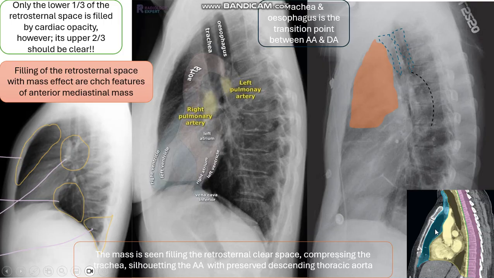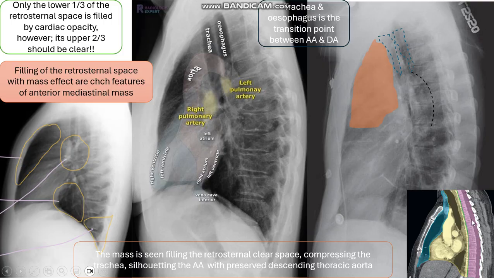This is the location where the anterior mediastinal masses arise, and here is the location where the middle mediastinal masses arise, and here the location where the posterior mediastinal masses arise.